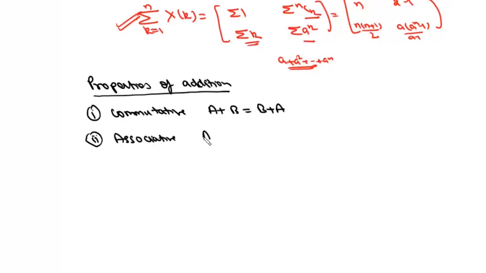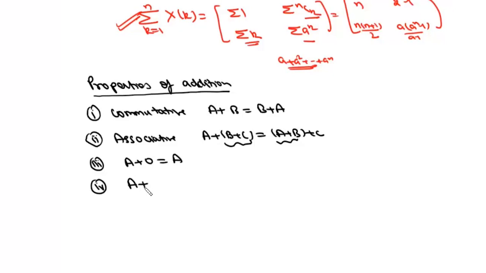So if we add three matrices, the order in which we add them doesn't matter. So A plus B plus C is the same as A plus B plus C. Third one is if we add any null matrix O to A, it'll be simply A. Fourth one is A plus minus A, it is 0.